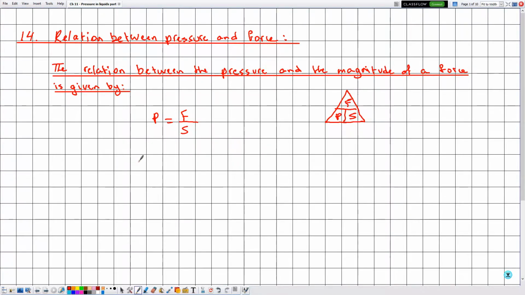Now let me introduce each quantity and its corresponding SI unit.